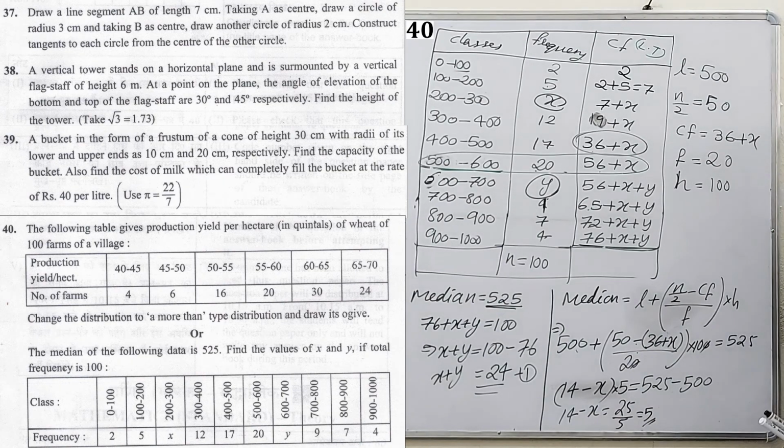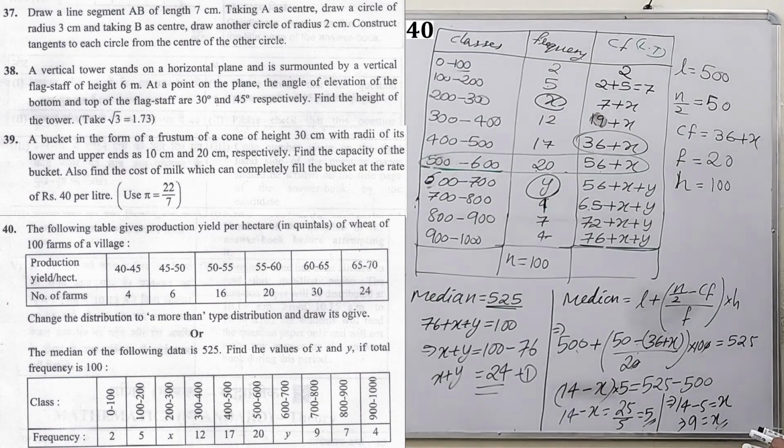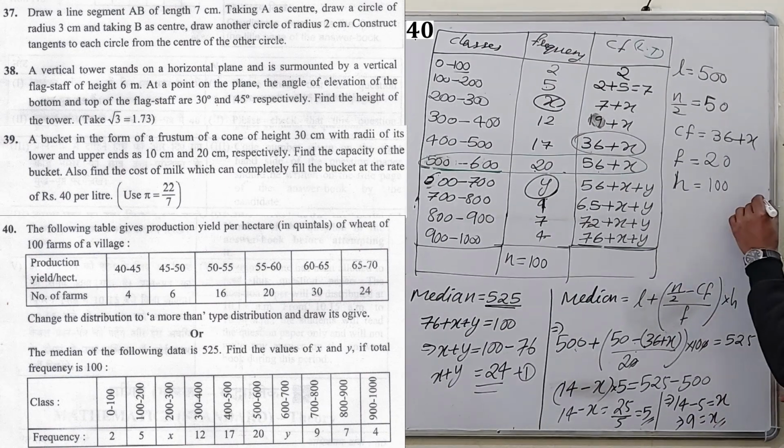So 14 minus x is equal to 5. So x take to one side and 5 take to the other. We will get 14 minus 5 is equal to 9 equal to x. So the value of x is 9.